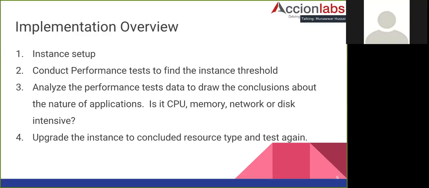Then, once it makes sure the instance is working correctly and your app is working correctly, we start our performance testing. We slowly increase our load from 10 rps. Suppose your requirement is 1000 rps. We are using an algorithm to slowly put load on your web application so that we can detect a pattern in your response time.